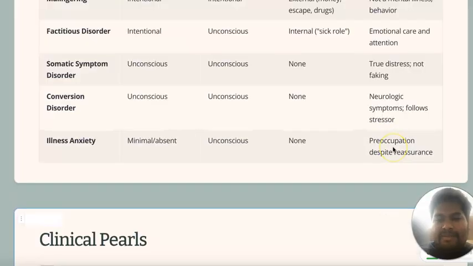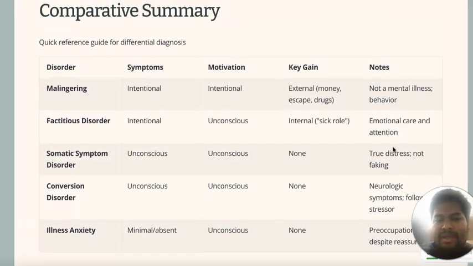Now this table is important just for a summary. So whenever there is malingering, always remember the symptoms are intentional. They just fake it, and they have some motivation to gain something external, like money, or to get opioids, or something like that, and it's not a mental illness, it's just a behavior. So that's malingering.